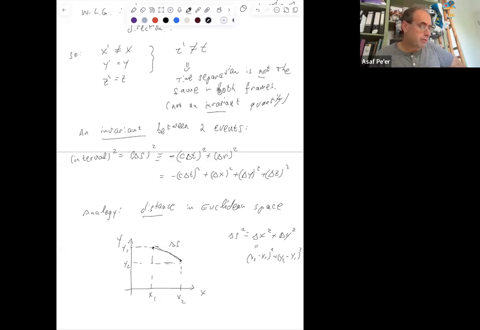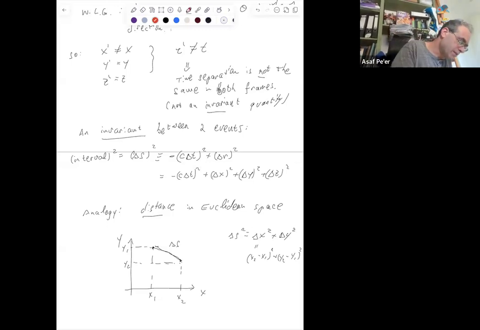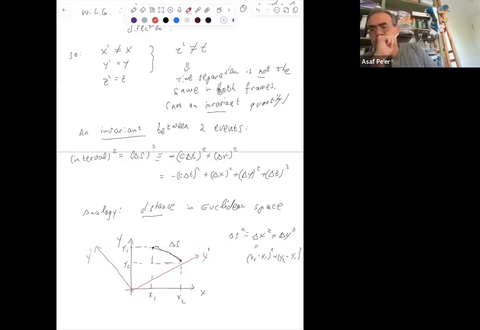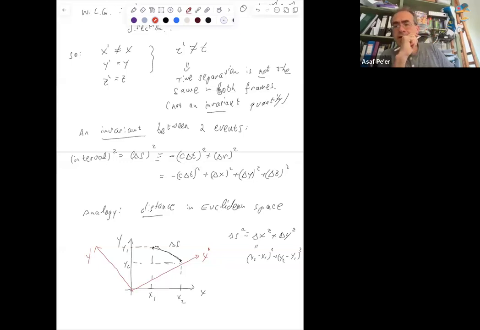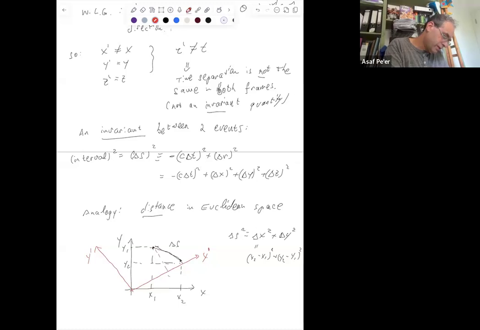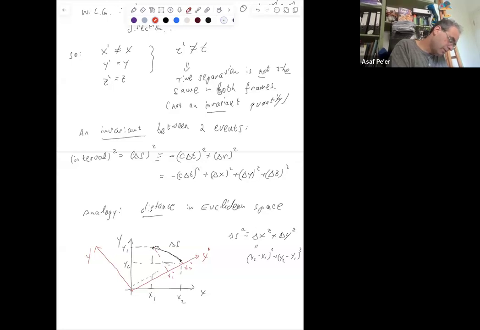Now, if there is another coordinate system which is rotated with respect to the first coordinate system, let's take x prime and y prime. In this new coordinate system, these are the values of the points, x1 prime, x2 prime, y1 prime, y2 prime.